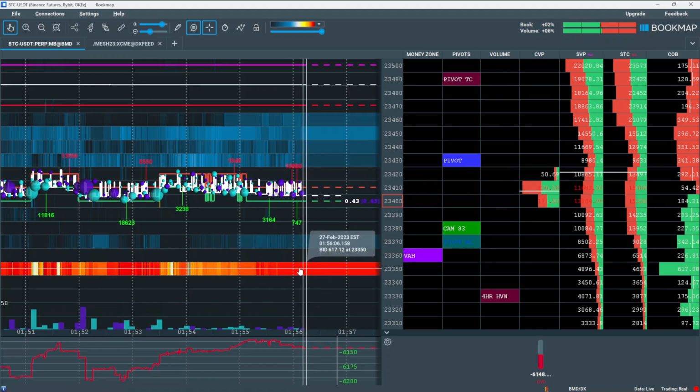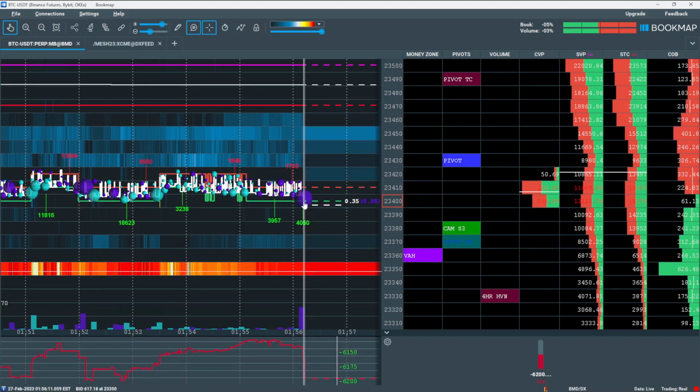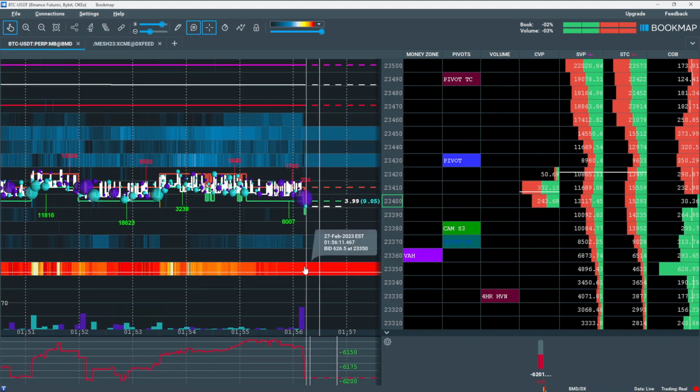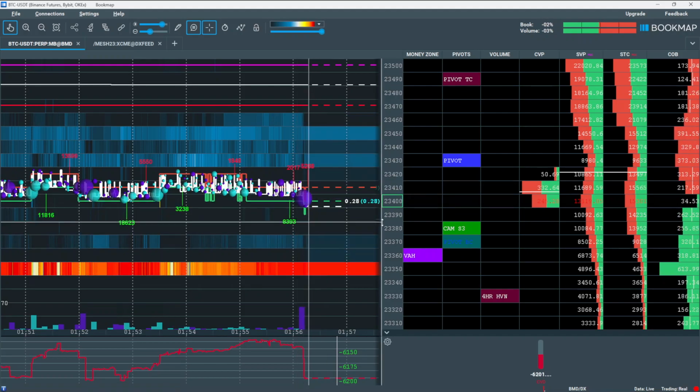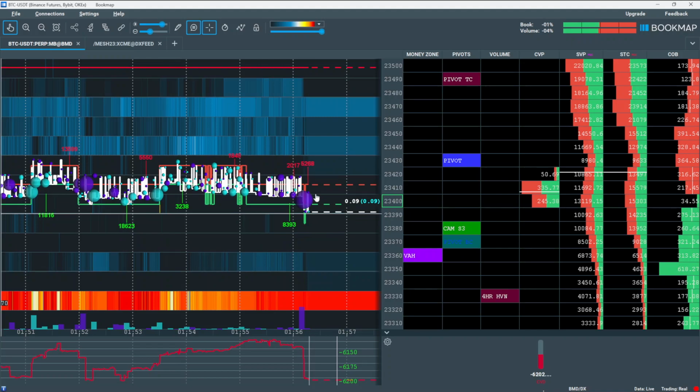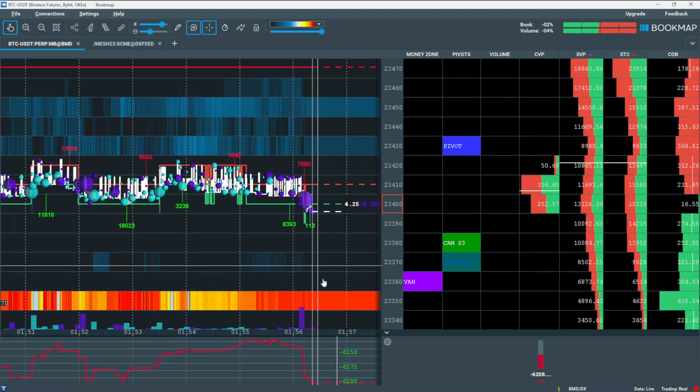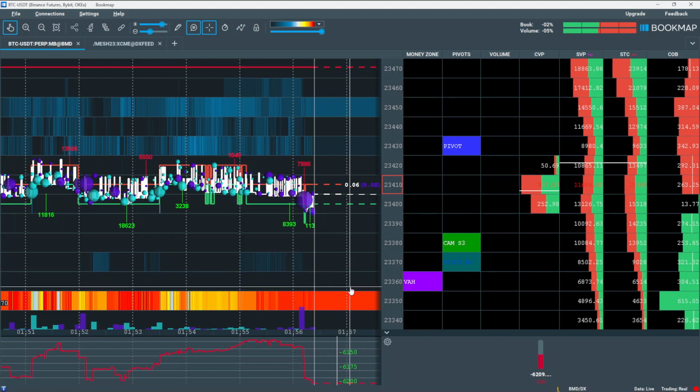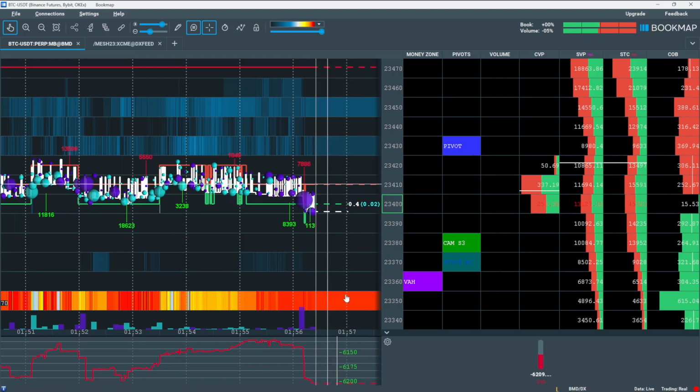So if these guys are sitting here as support, they're gonna test that support to have transactions go off. And now we have this big selling coming in here, so we might probably come back and test this area again.